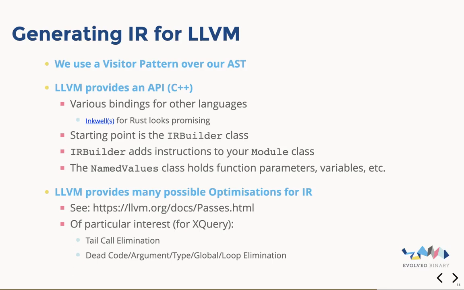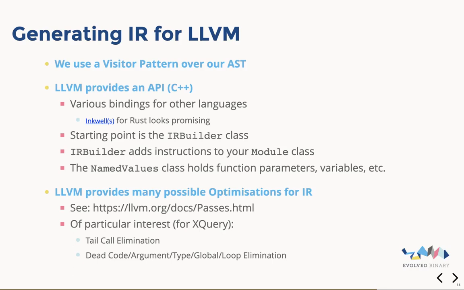Okay. Now, actually generating the IR itself is not something that we have to do by hand. We don't need to encode lots of strings of IR into our visitor, luckily. Instead, LLVM provides a builder API, which is very easy to use.